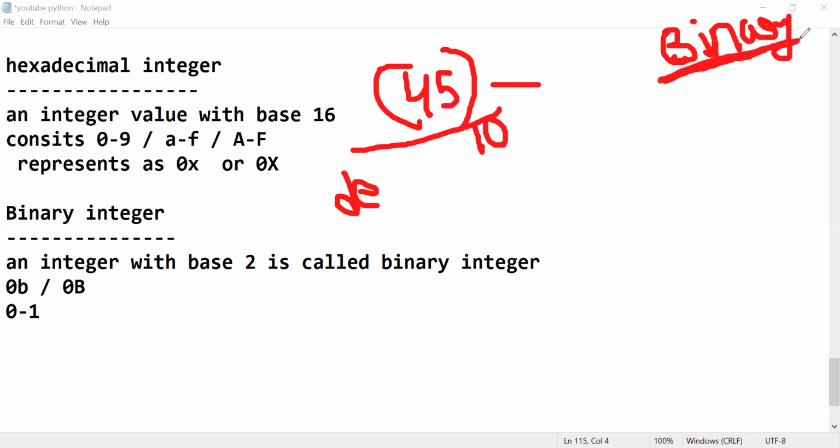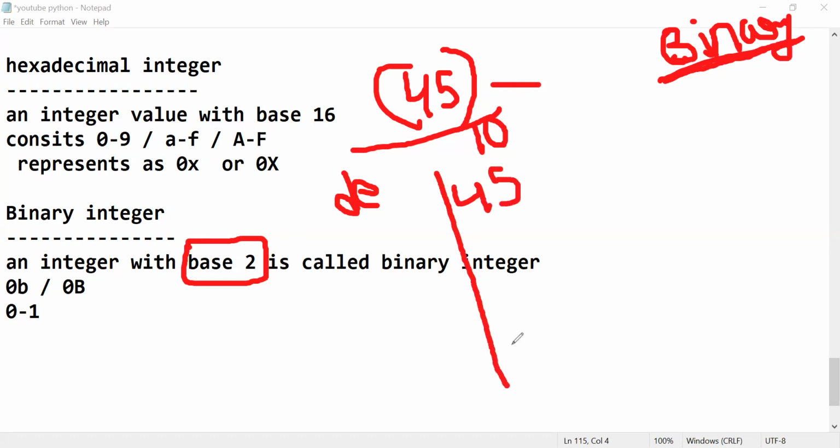The destination binary base value is 2, guys. So we are dividing the 45 with base value 2.